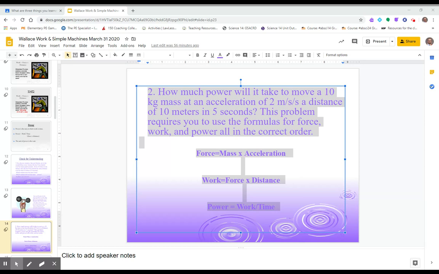My time is 5 seconds. What is my value for power? It is 40 watts.